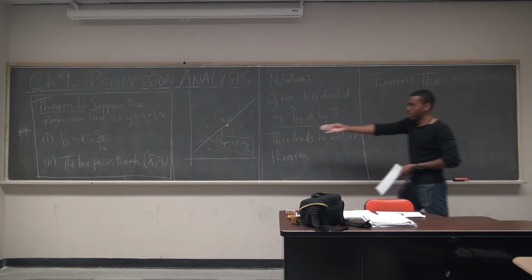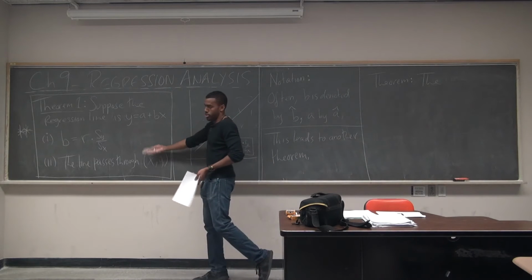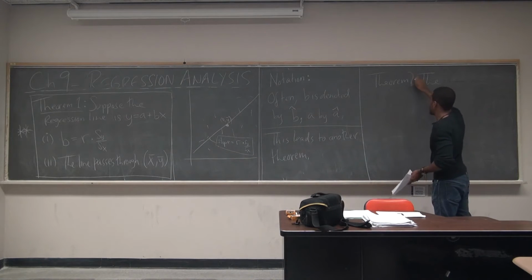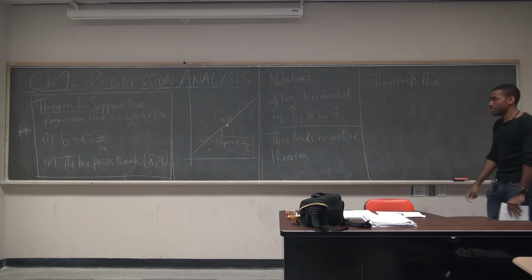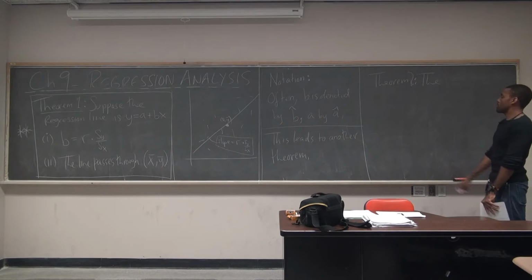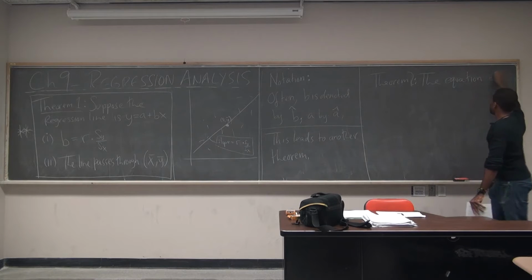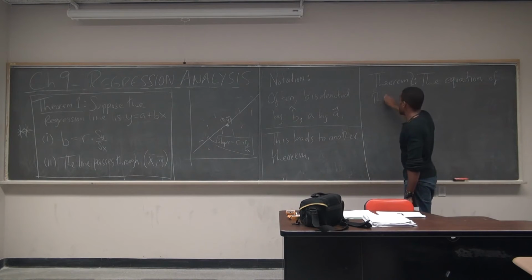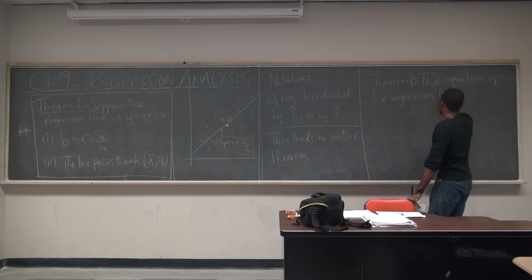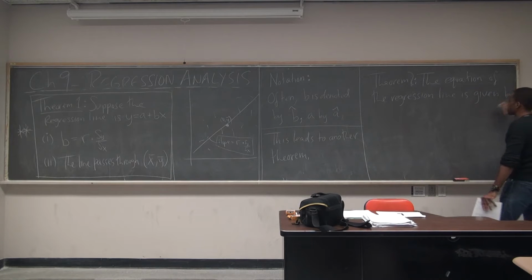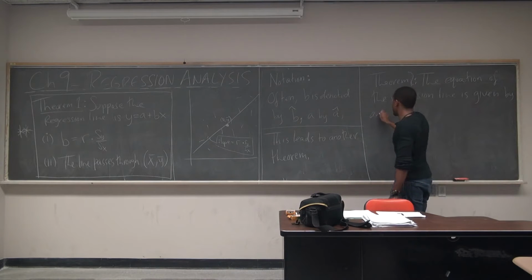Because if you know the slope of a line and a point it passes through, you can find the equation of the line. Right, so here's theorem 2 that tells you how to find the equation of the line, in case you forgot your algebra, which you shouldn't. The equation of the regression line is given by any of the following.